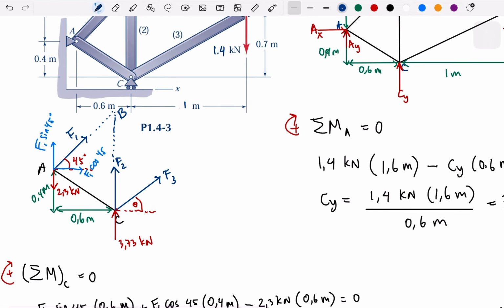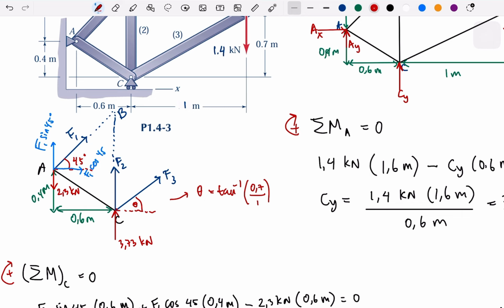So let me write here the theta. So theta is tangent inverse of what is that? 0.7 over 1. Can you check your calculator? Do you bring? Can you check? Is it correct? 35 or 36 or I haven't checked.